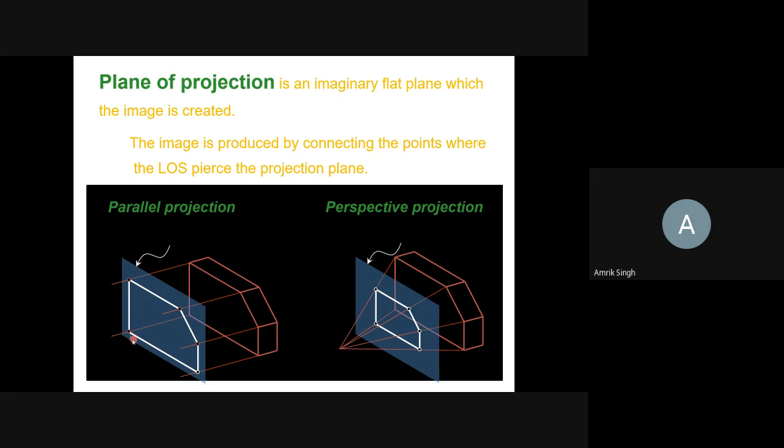You see this image is different and this image is different. The size is different. That's why when we see an object from a distance, it looks smaller.